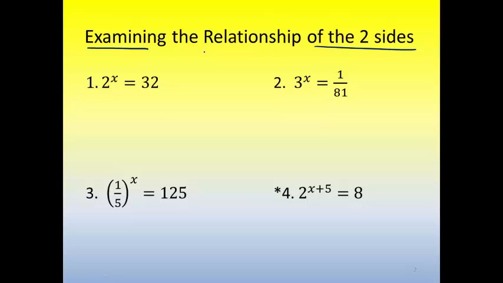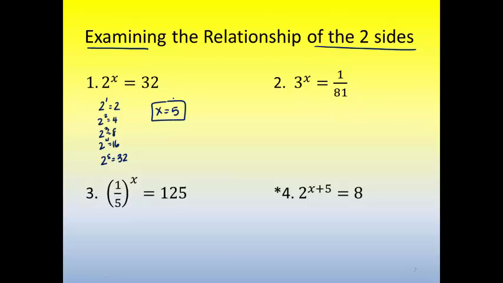For this, I might think, well, 2 to the first is 2, and 2 squared is 4, and 2 cubed is 8, and 2 to the fourth is 16. So 2 to the fifth is 32, so x equals 5. You may not have had to go through all of that to get there, but this is one method. And what I came up with is that the only value that takes me from 2 to a power into 32 is x equals 5.